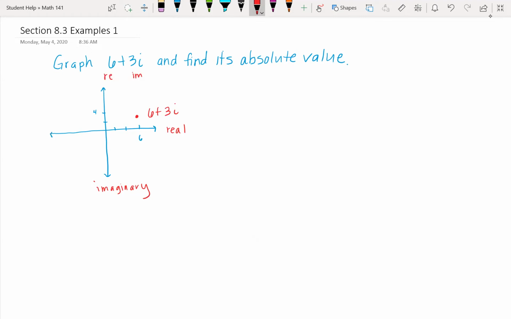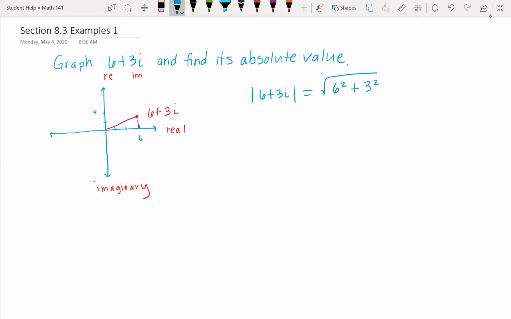Now, when we want to find the absolute value, what that's asking us is the distance from the origin to that point. So we've technically got a triangle that we could draw, and we're using the Pythagorean theorem to find that absolute value. The absolute value of 6 plus 3i is going to be the square root of 6 squared plus 3 squared.